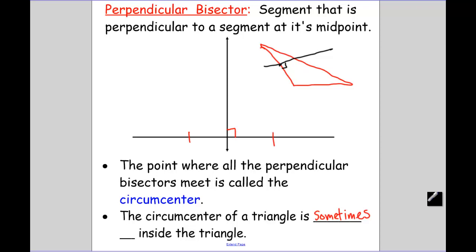Find the midpoint, draw your perpendicular. Find the midpoint, draw your perpendicular. In that case, right there, that point, I'll highlight it in green for you guys, that point is outside our triangle.